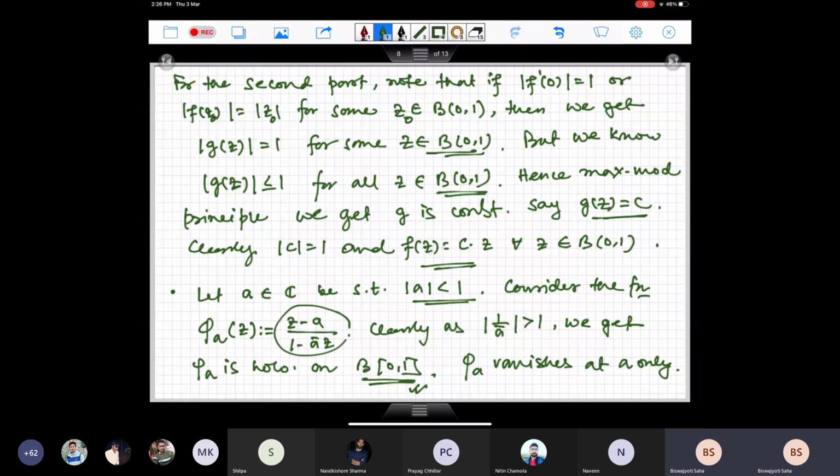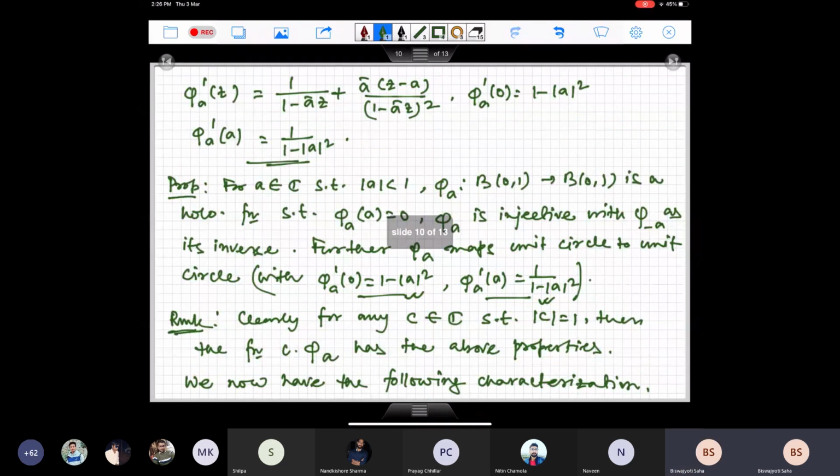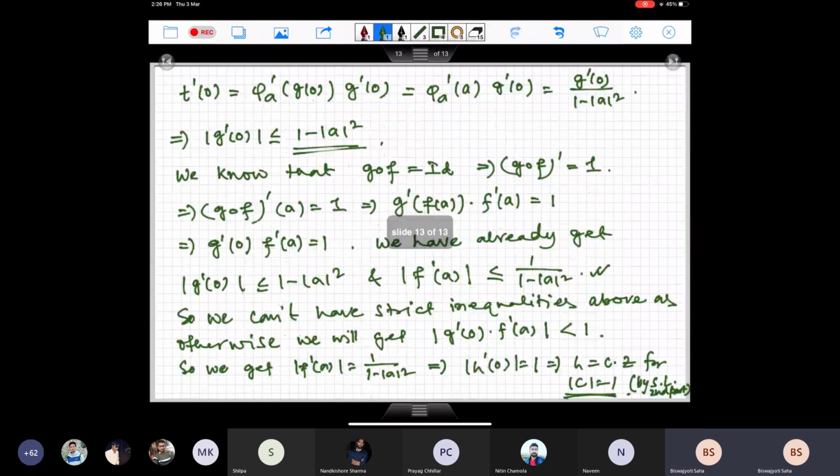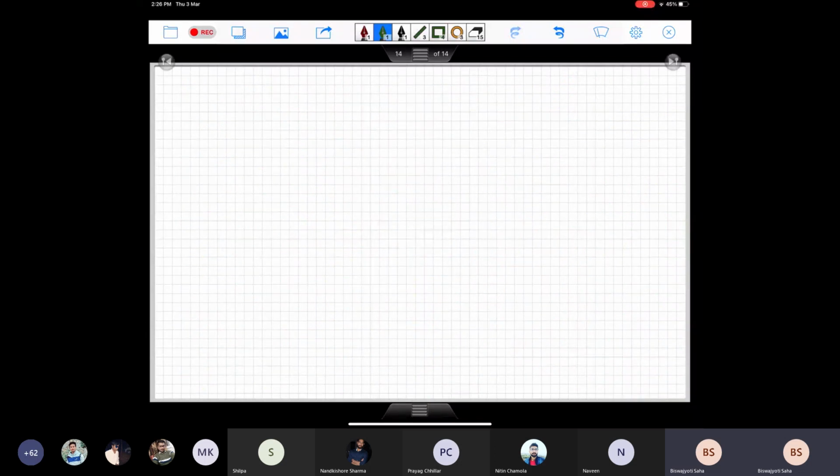The kind of functions that I have studied over here, (z minus a) divided by (1 minus a bar times z), can be studied in a more general context. Those are called fractional linear transformations. I am not going to spend too much time on these. These are very simple objects, so I'll just briefly touch upon them. People also call them Mobius transformations.